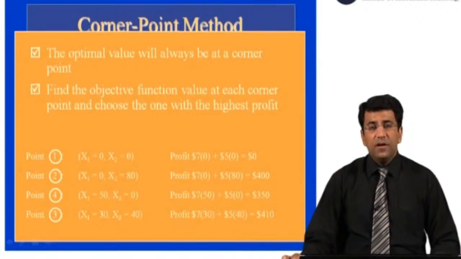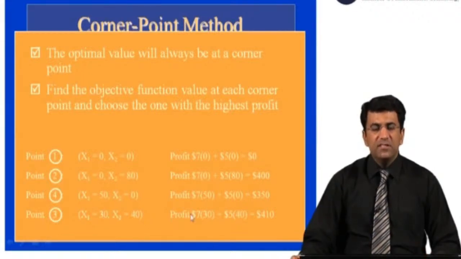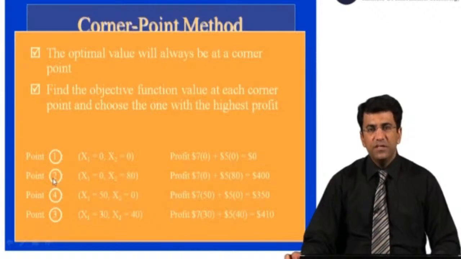So class, you remember when we were defining linear programming, I told you that we should have some alternatives. So these are the simple alternatives which can be used by the production manager or the operations manager. And what is the best alternative? Of course, this point 3 is the best alternative.